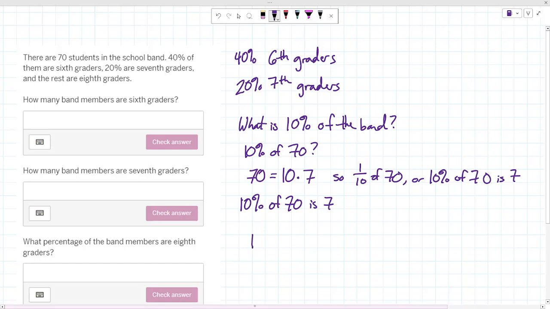Now let me draw out my band membership. So in my band, let's say I have 10 groups. So 1, 2, 3, 4, 5, 6, 7, 8, 9, 10. Okay. Let me draw my really long tape diagram.